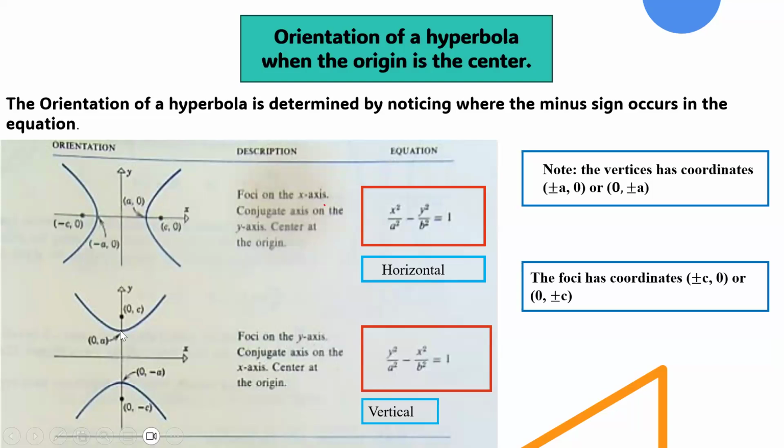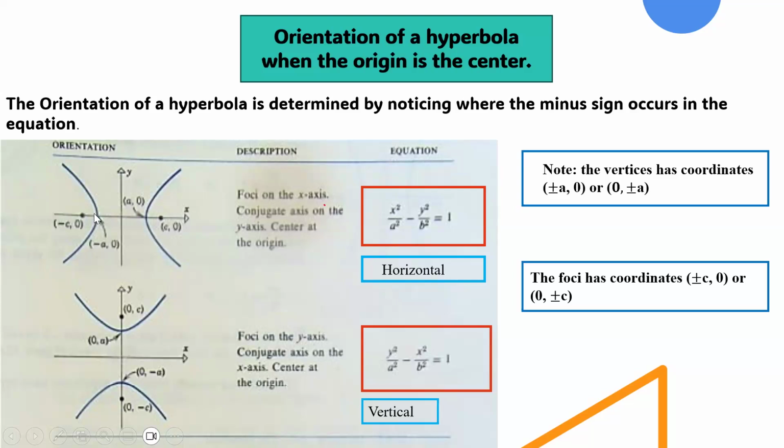So that's why we'll end up having our a value where the y value is. So it's positive here and it's negative here. And also the foci have coordinates (±c, 0) or (0, ±c).